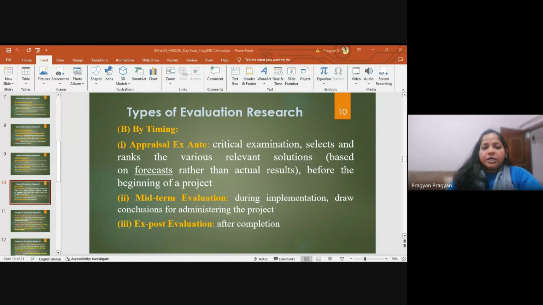That means in the monitoring process, you are dealing with everyday situations, and you are trying to be consistent in your activities.